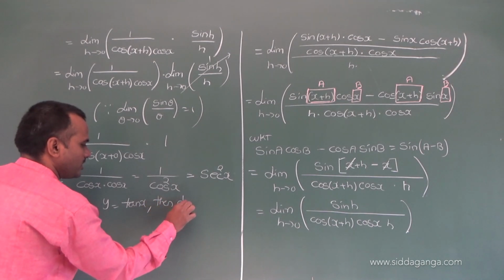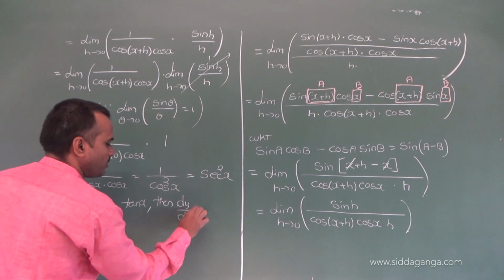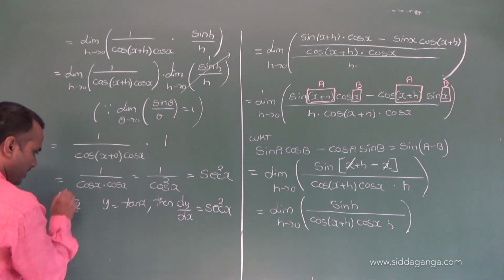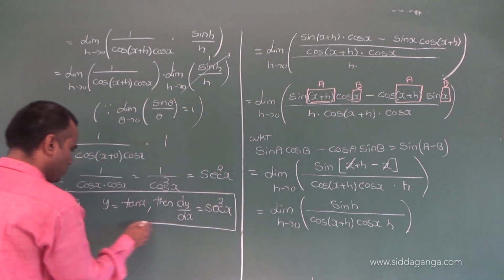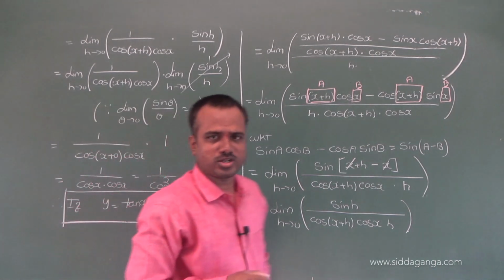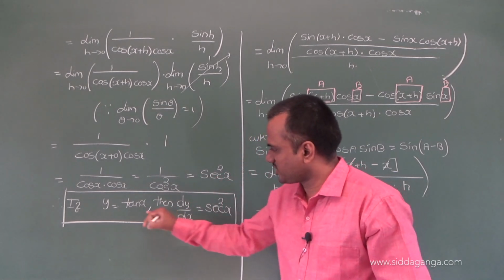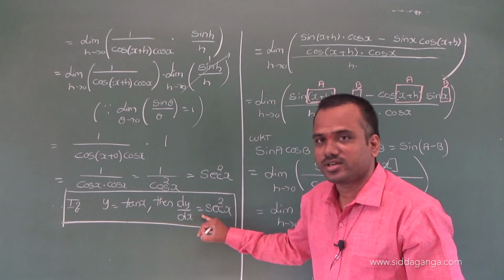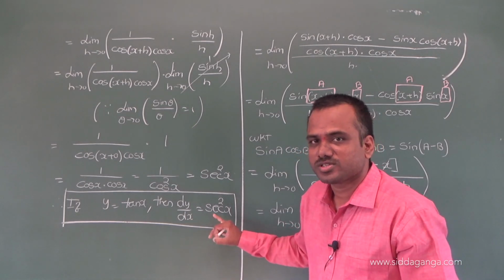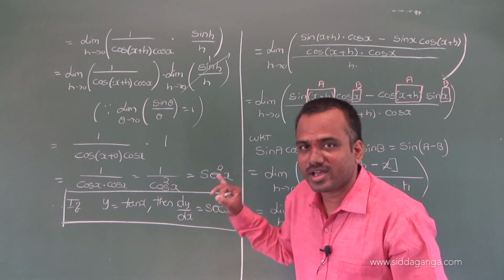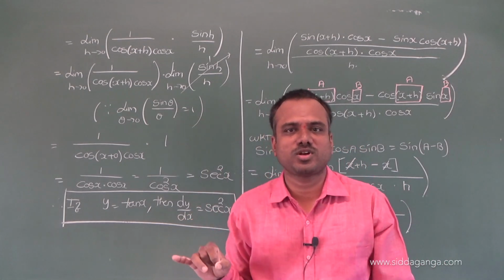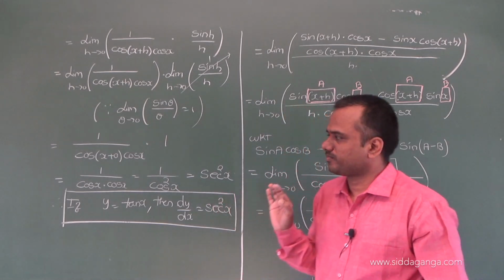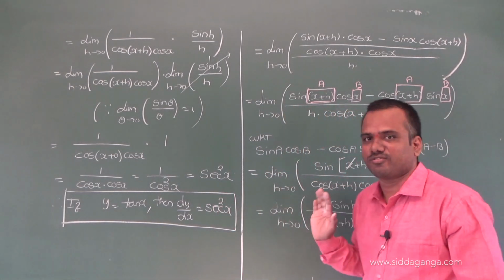If y is equal to tan x, then dy by dx is secant square x. Observe this proof very carefully.